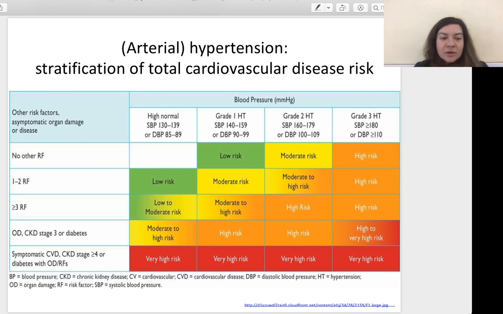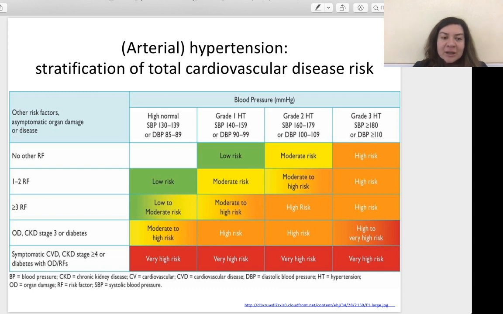And next is the risk with symptomatic cardiovascular disease, for example, a patient with present coronary artery disease, with heart failure, or chronic kidney disease stage 4 and higher, or diabetes with organ damage.